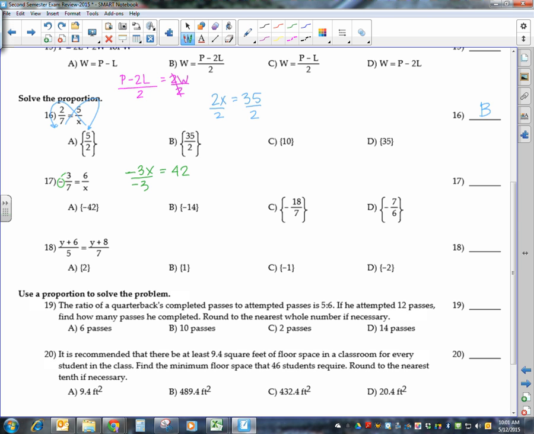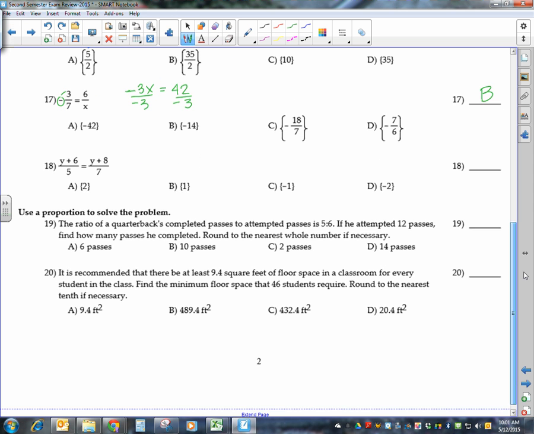Divide both sides by negative 3, and you will find out that x is equal to negative 14. If you can see at the beginning, 3 times 2 is 6, 7 times 2 is 14 is fine, but you just have to remember that they both have to be negative, so your answer would be negative 14. Okay? All right, last three problems in this group.